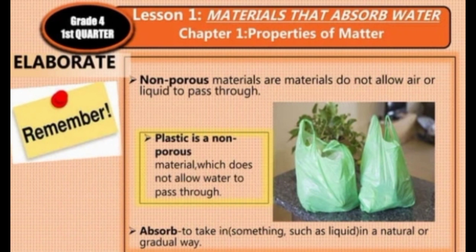So, plastic is non-porous, which means it does not allow water to pass through. When we say absorb, it is to take in something such as liquid in a natural or gradual way.